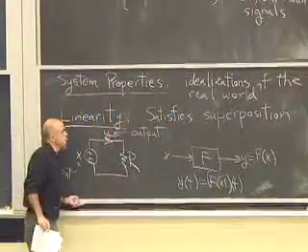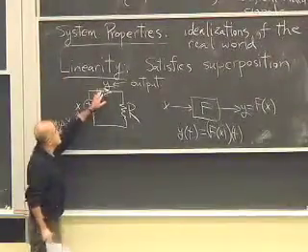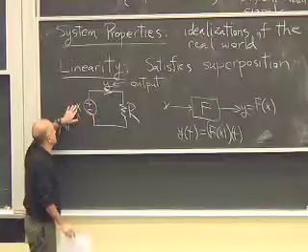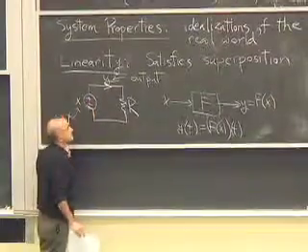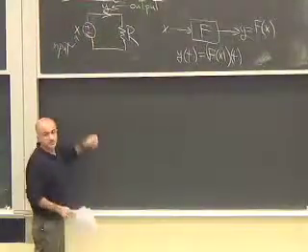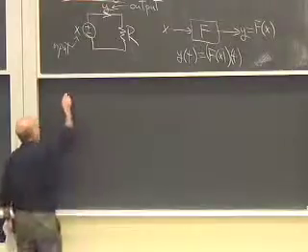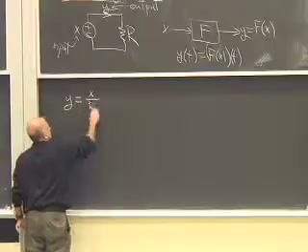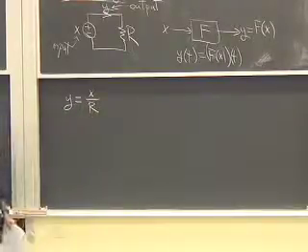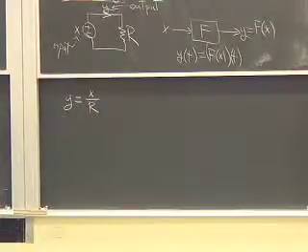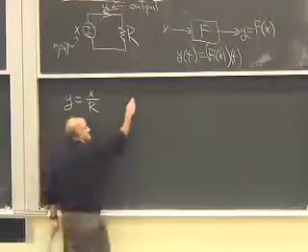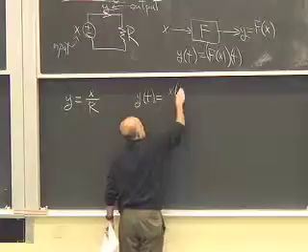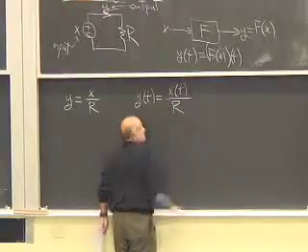So, can you tell me what the relationship is between this output signal, which is the current, and the input voltage? Y is equal to x over r. Right? Instantaneous relationship: y of t is equal to x of t over r.